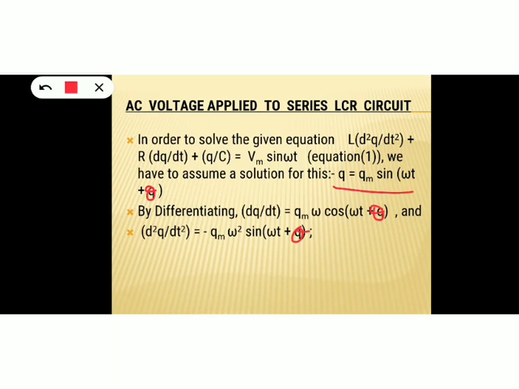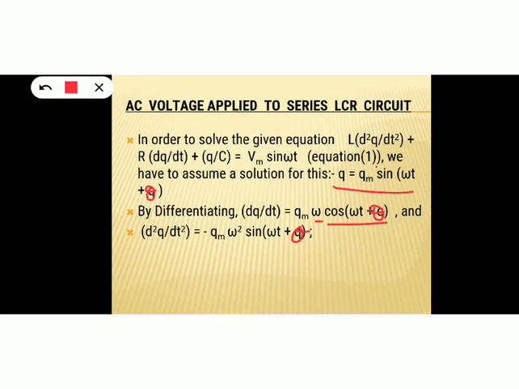Now, differentiate it with respect to time. dq/dt is qm, a constant, times the derivative of sin(ωt + θ), which is cos(ωt + θ), and applying the chain rule, you get ω. So dq/dt is qm ω cos(ωt + θ).